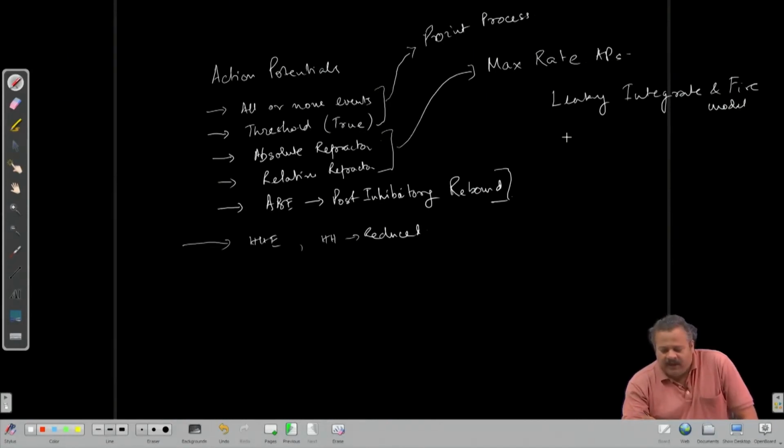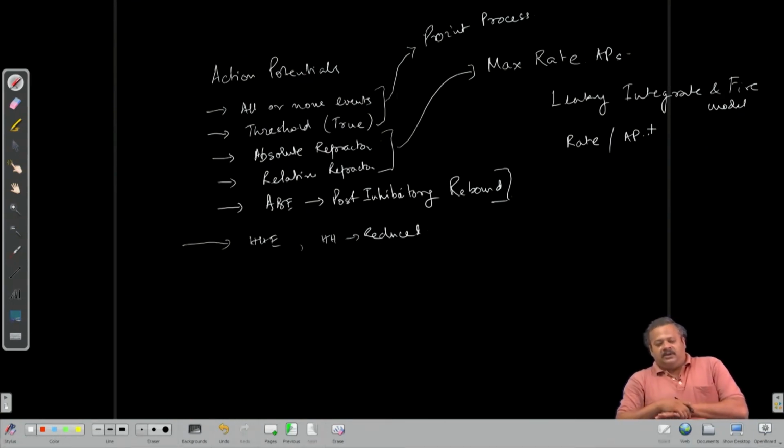So since the firing rate or rate of action potentials are important, then all we need is the number of action potentials that are occurring and not the entire process of action potentials.